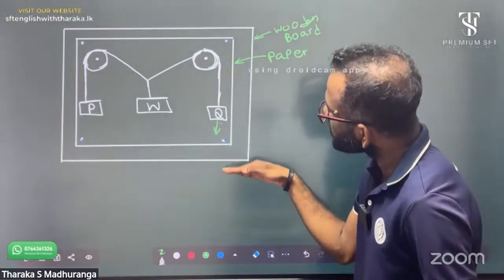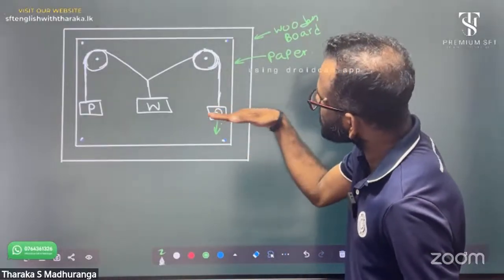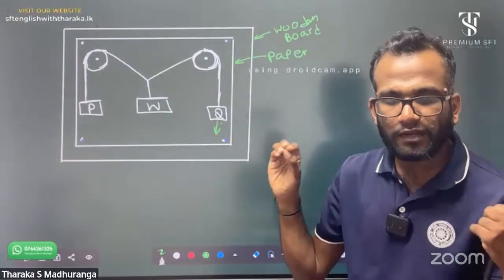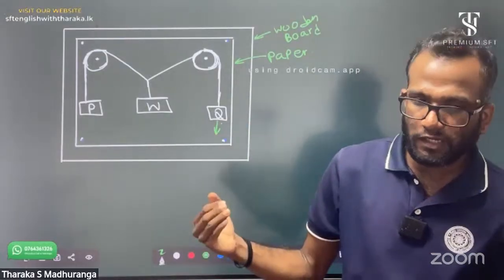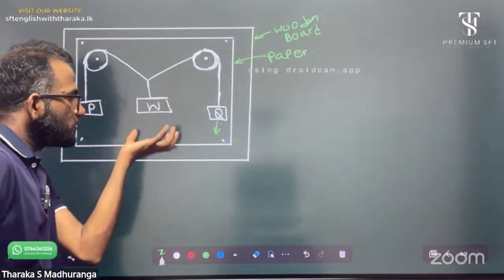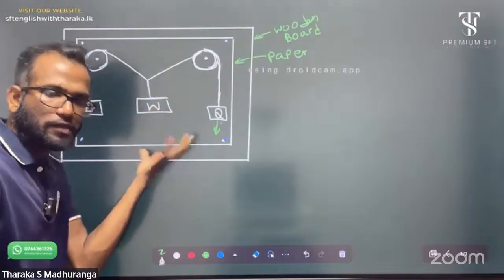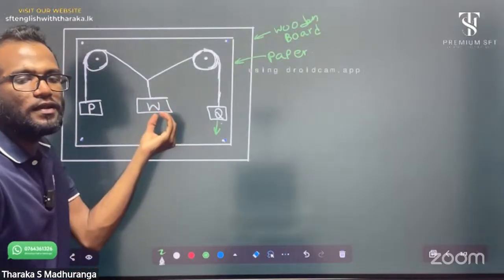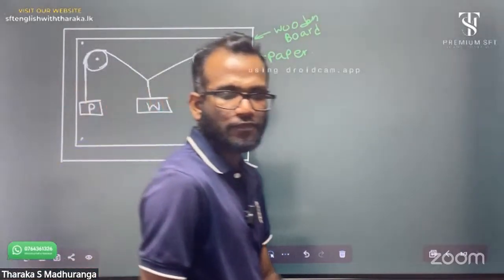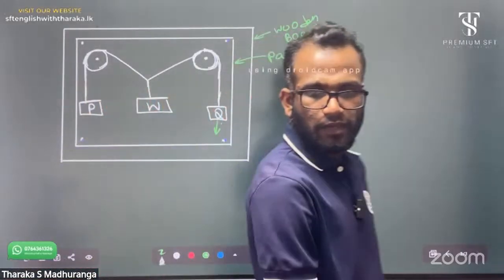If it comes to the same previous position, we can confirm there is no considerable friction. Change the position a little and release it. If it returns to the original position, we can be satisfied that both pulleys are smooth.